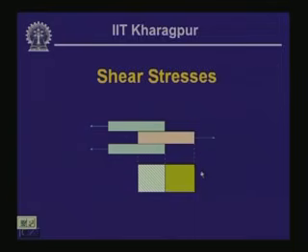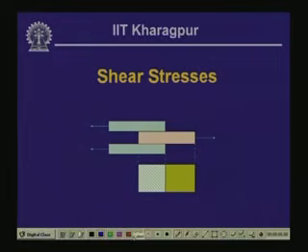Shear stresses. This particular body is acted on by the force P. Eventually, the resistive force will be P by 2 and P by 2.